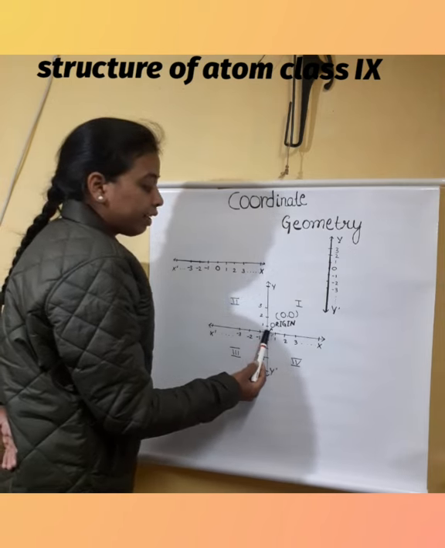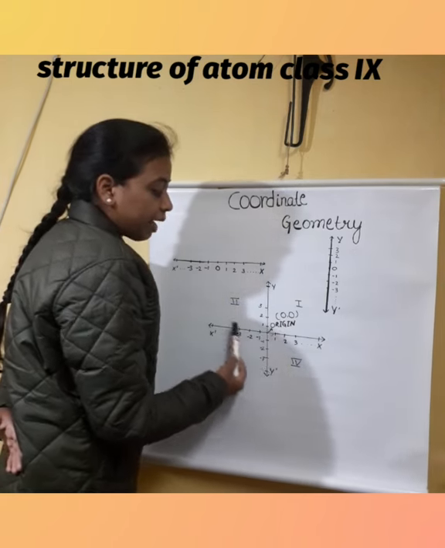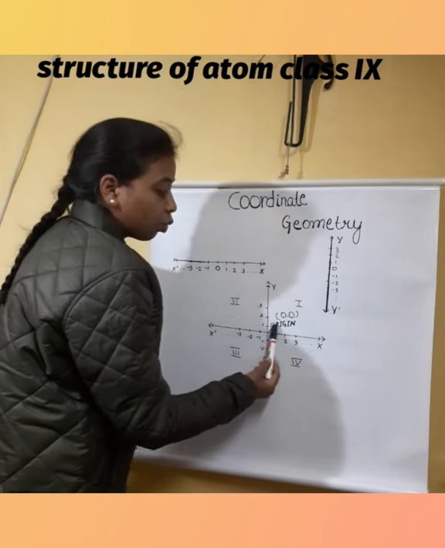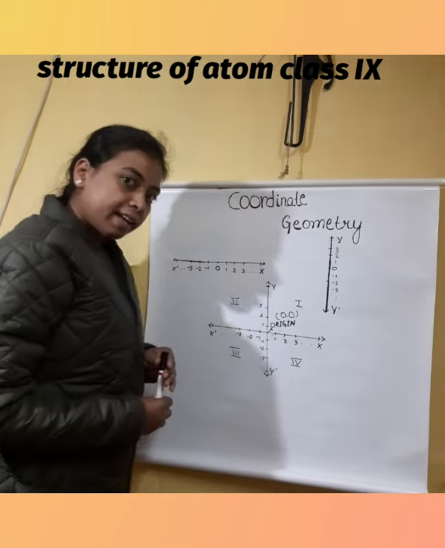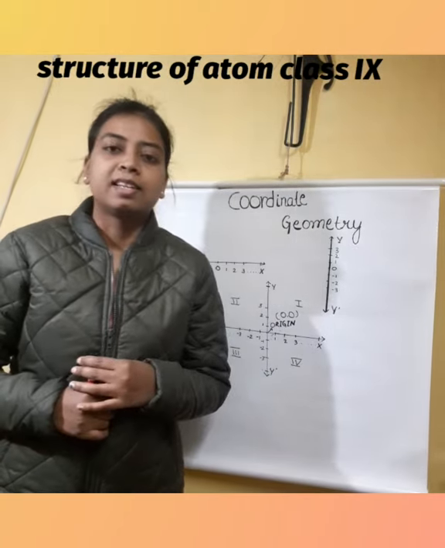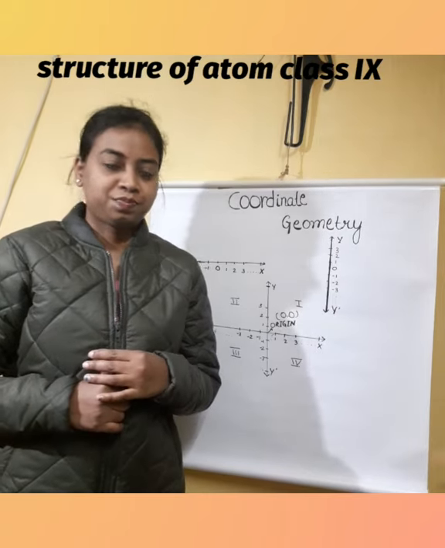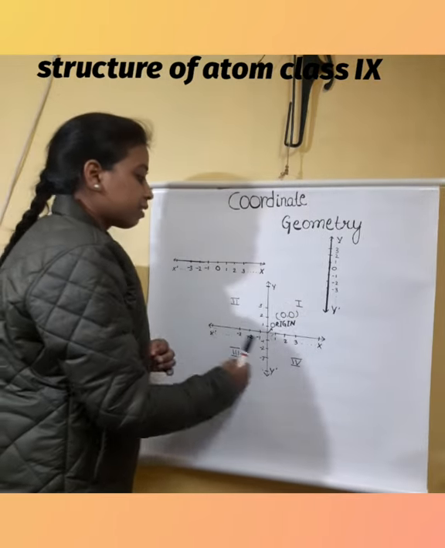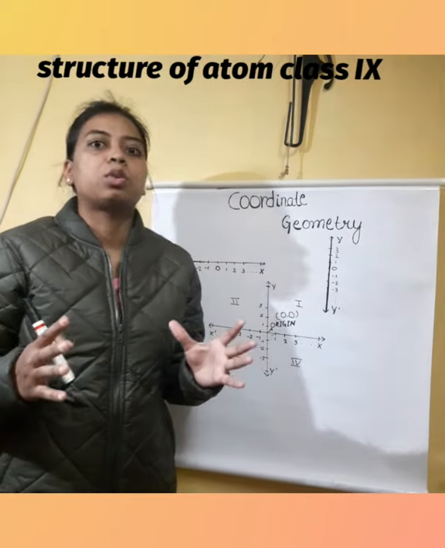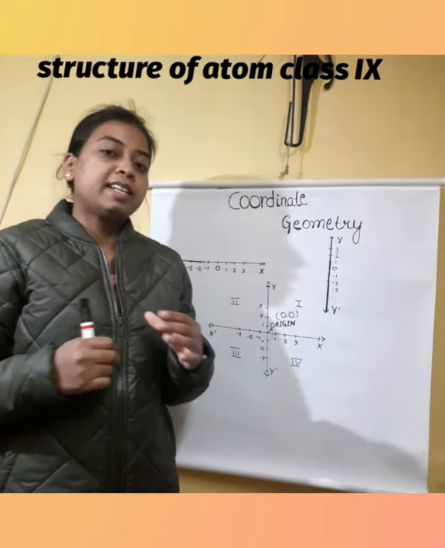Here, the point at which these two axes meet or intersect is known as the origin. And the address of the origin, or we can say the coordinate of the origin, is (0, 0). This coordinate system helps us to locate the position of a person, place or thing very easily.